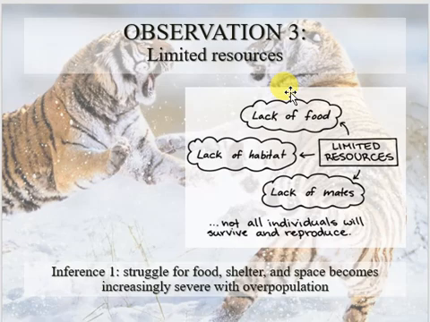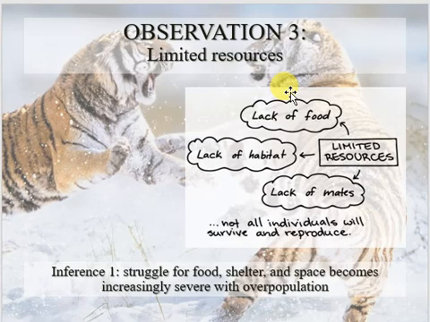And from here we see the arrival of the first inference, or inference 1, which notes that the struggle for food, shelter, and space becomes increasingly severe with overpopulation. In other words, the production of more individuals in an environment than that environment can support or maintain leads to a struggle for existence between individuals of a population, with only a fraction of the offspring actually surviving each generation.